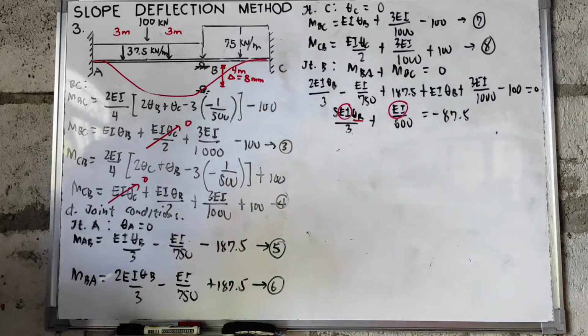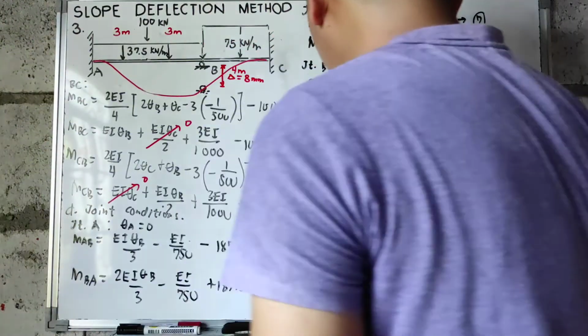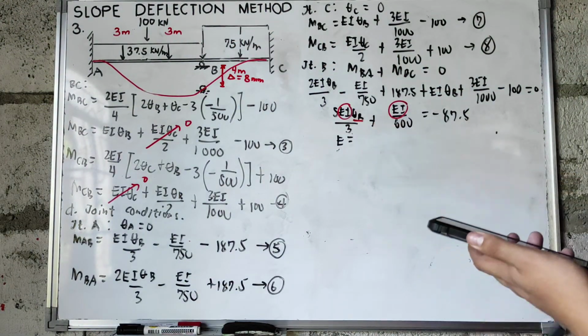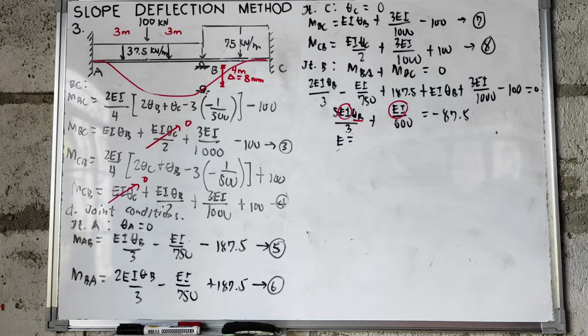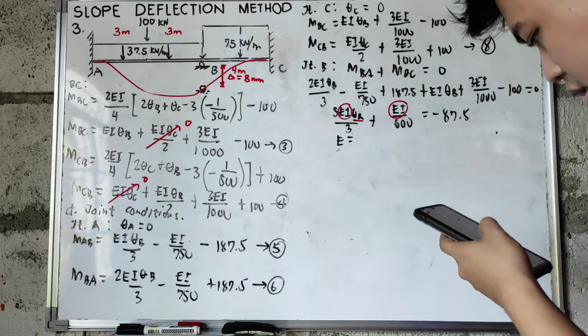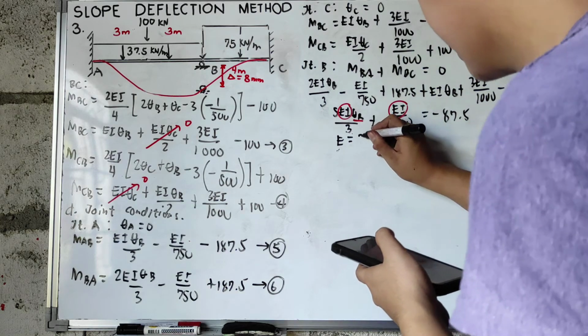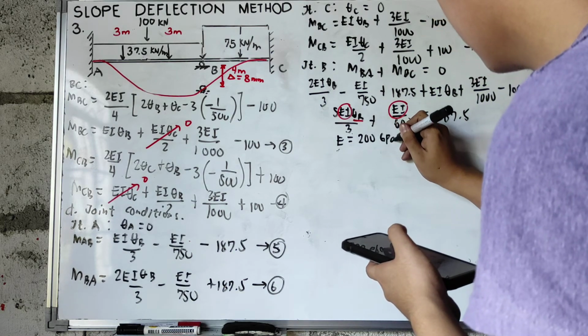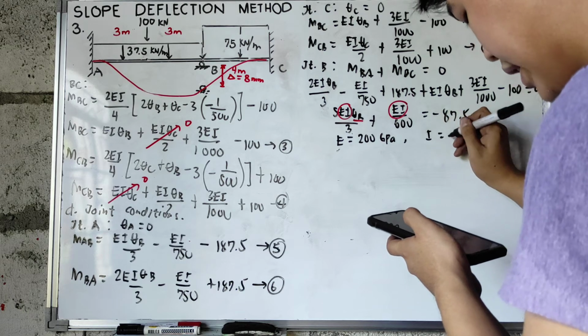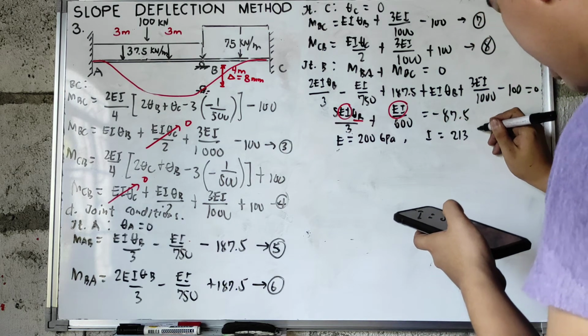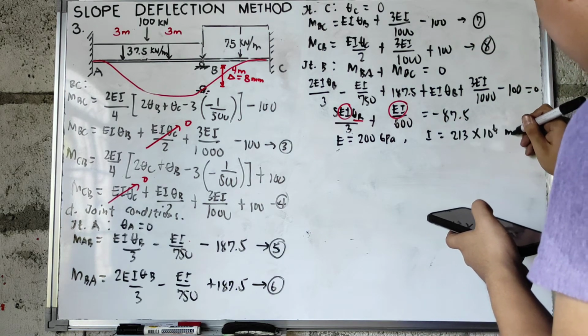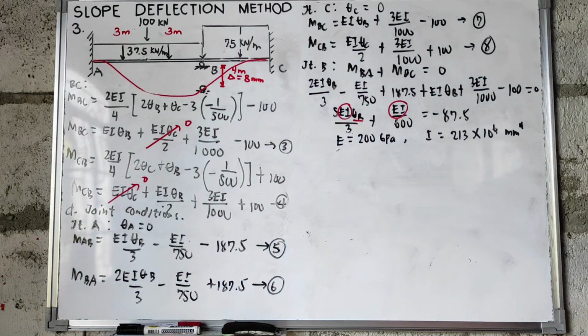So, the value of your E, based on our problem, is equal to 200 gigapascal. And the value of your I is 213 times 10 raised to 6 millimeter to the fourth. So we now have the value of our EI.